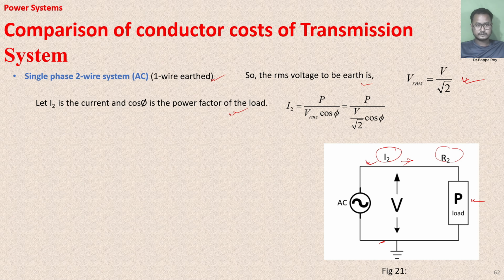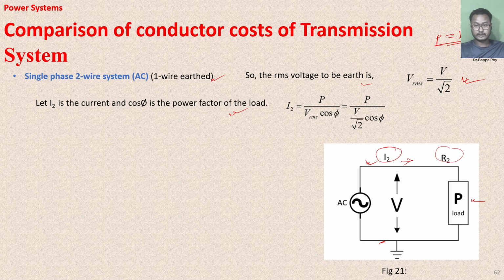Here we are assuming I2 current is flowing, and the power factor of the load is cos phi. From the same formula, P is equal to V into I. Last time we put 2V in place of V because there were three conductors in total, and the middle conductor was active.